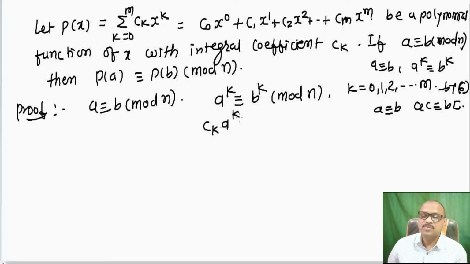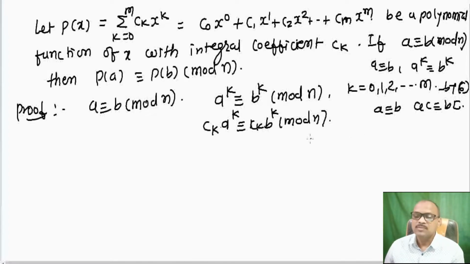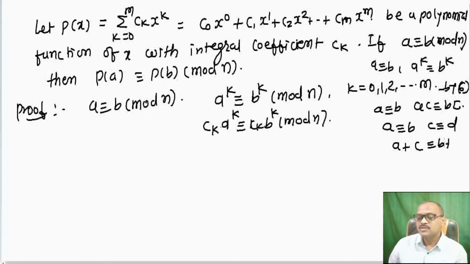Here we are applying the same property: c_k times a raised to k is congruent to c_k times b raised to k modulo n. We can multiply by any number. But again, if a is congruent to b and c is congruent to d, then a plus c is congruent to b plus d. We can add the congruences. For k equal to 0, c0 a raised to 0 is congruent to c0 b raised to 0 modulo n.